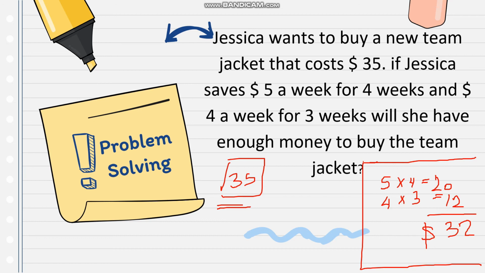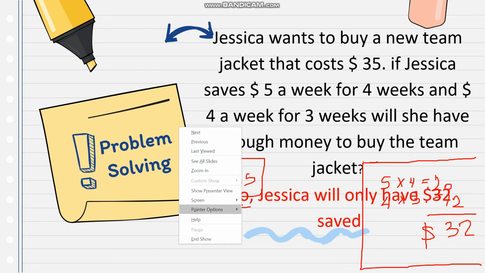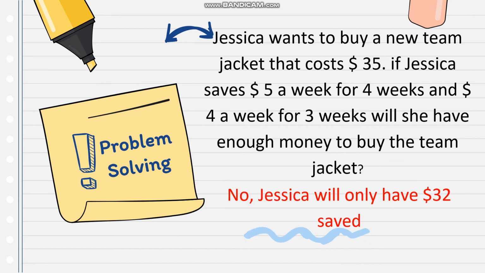Now, let's go back to the question. Will she have enough money to buy the team jacket? Of course not. Why? Because Jessica will only have $32 in savings, and she needs $35 in order to buy the new team jacket. Okay, so let's proceed to the next one.